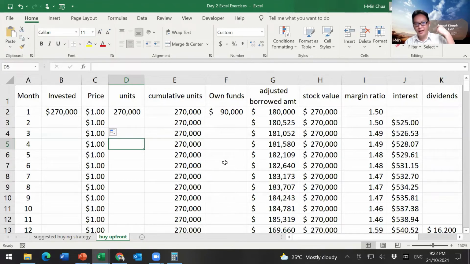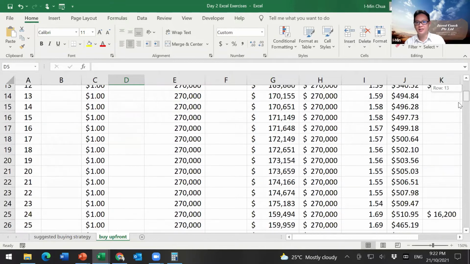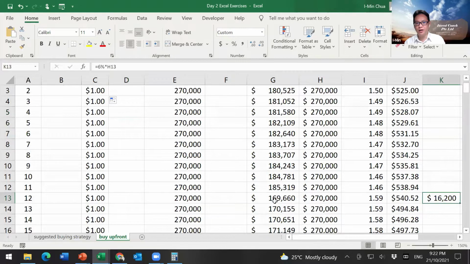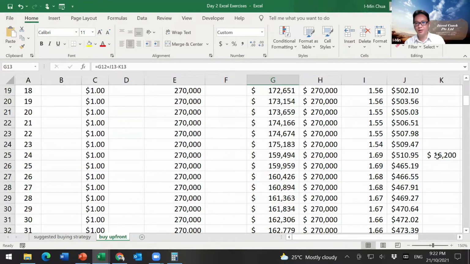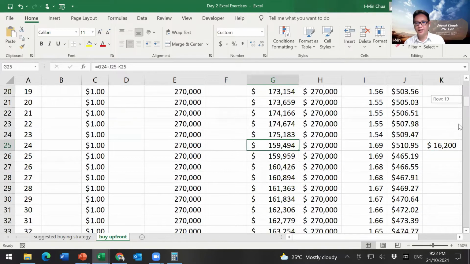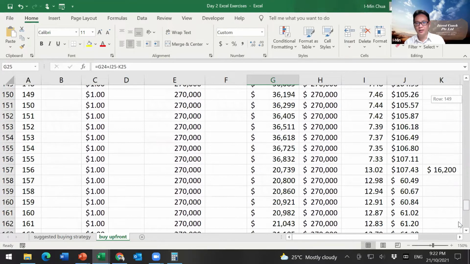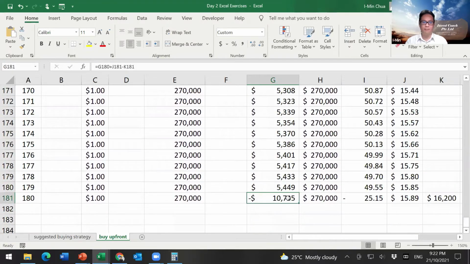So today you put 90,000 and go and buy 270,000. After 15 years, your dividend will be used to pay off your loan. Can you see the dividend paying off the loan? 15 years later, they will finish paying off all your loan, and basically you would have a portfolio of REITs worth 270,000.